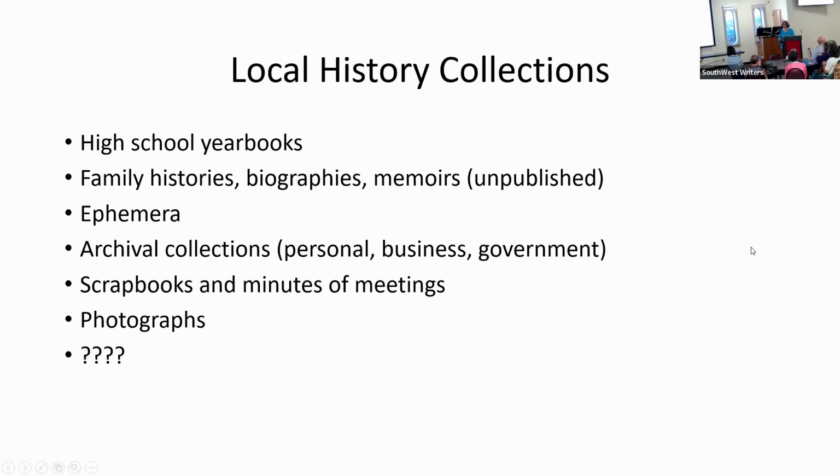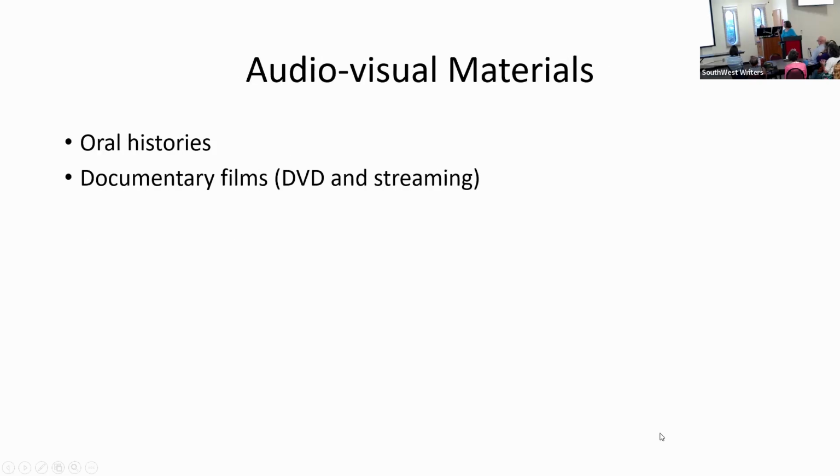And along with local history, I would also say one last slide. This is our last slide. Audiovisual materials. Oral histories, which may or may not go under local history, which have not been transcribed, or the transcriptions of them. And then documentary films.